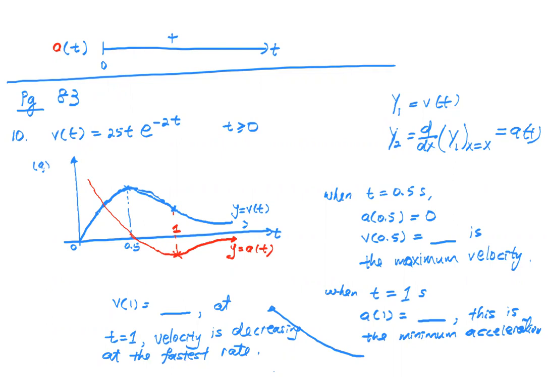After that, the acceleration is negative. So what do you mean by positive acceleration? It means that the velocity is increasing. And if you look at the graph, now I go to the graph and I interpret the graph for you, how we describe the changes. Okay, so I go to the next page.